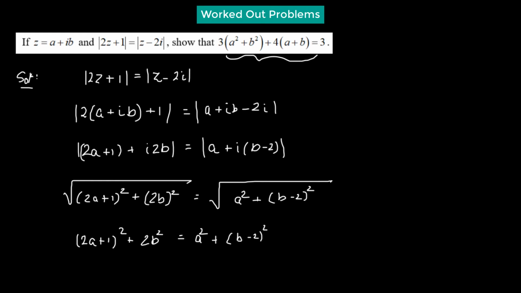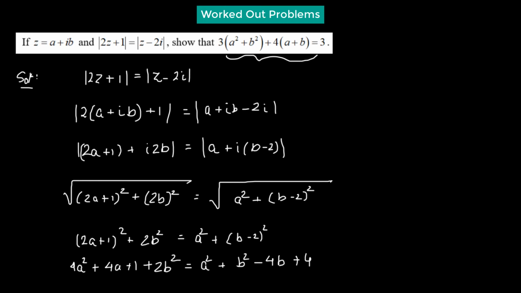Then we expand (2a + 1)² using the identity (a + b)². So that should give us 4a² + 2 times 2a, which is 4a, + 1 + 2b². That is equal to a² + b² - 4b + 4.